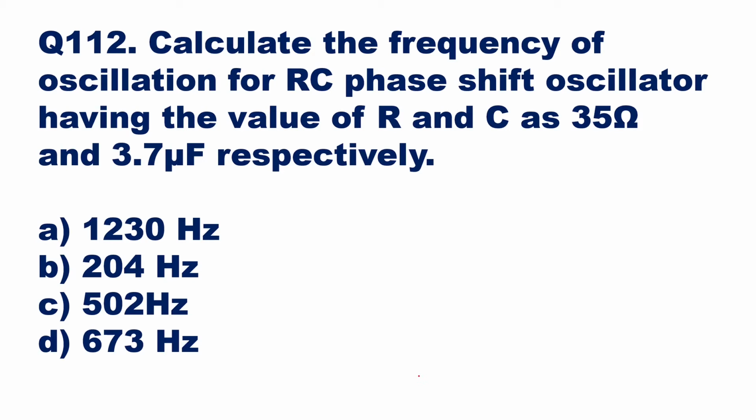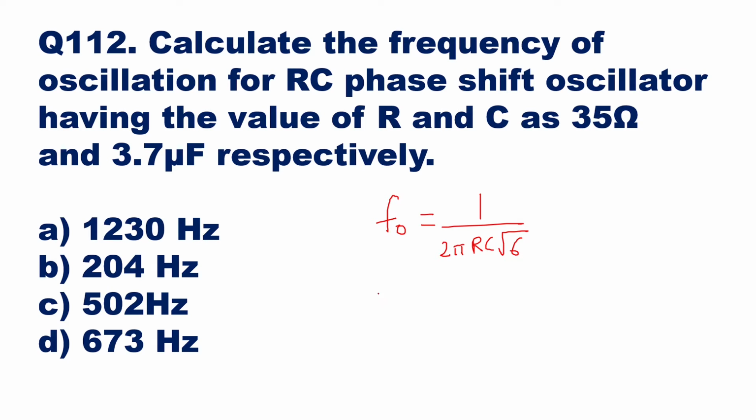Calculate the frequency of oscillation for an RC phase shift oscillator having the values of R and C as 35 ohms and 3.7 microfarad respectively. If you remember, the frequency of oscillation for an RC phase shift oscillator is given as F naught is equal to 1 upon 2 pi RC root 6.